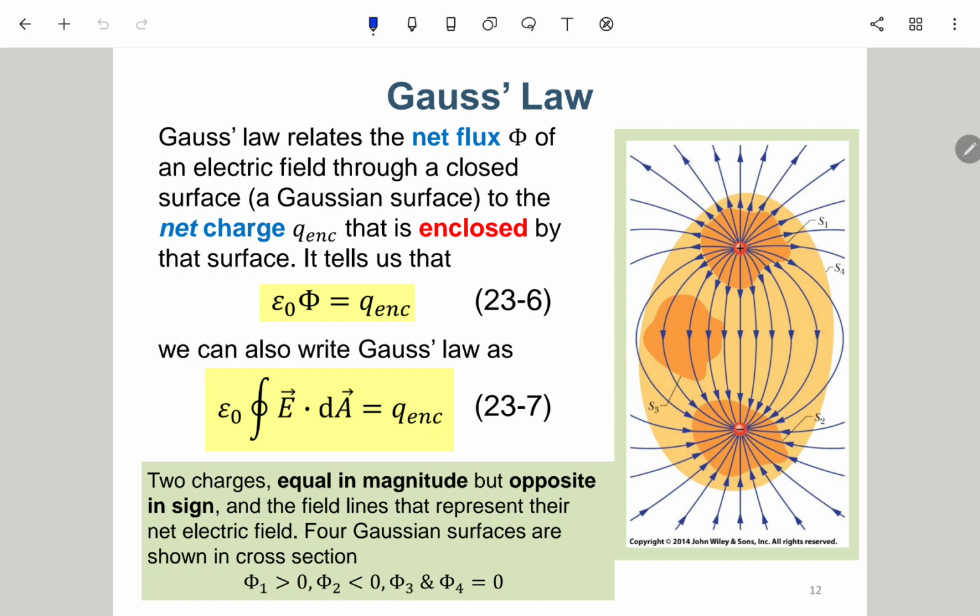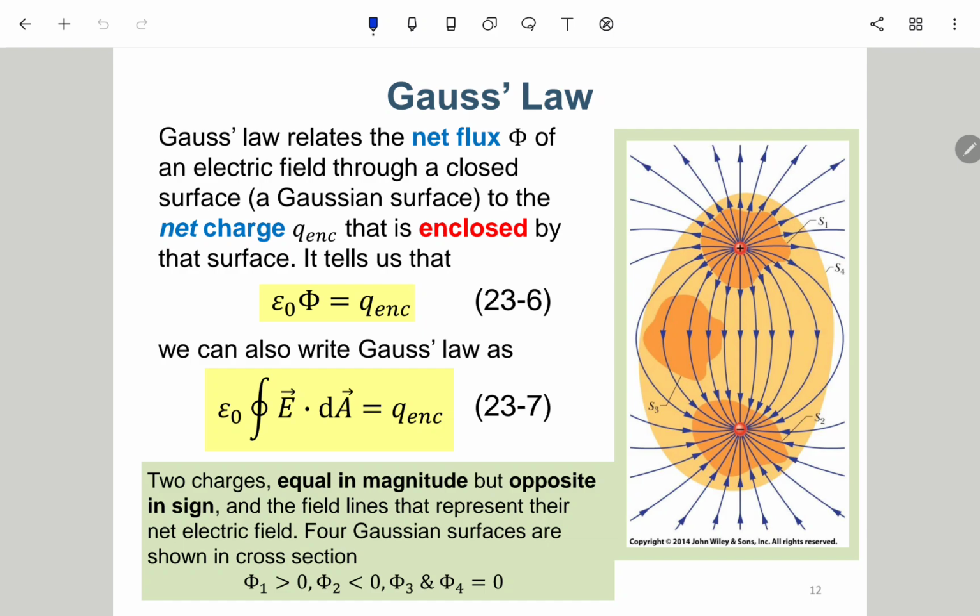Okay, so we have already prepared many stuff for the electric flux. So here we can try to use the electric flux to talk about what this Gauss law is.